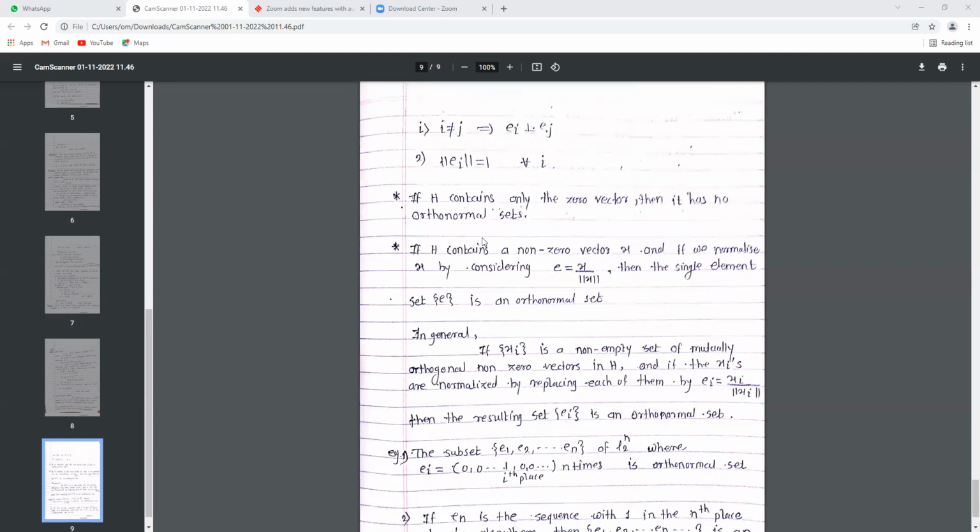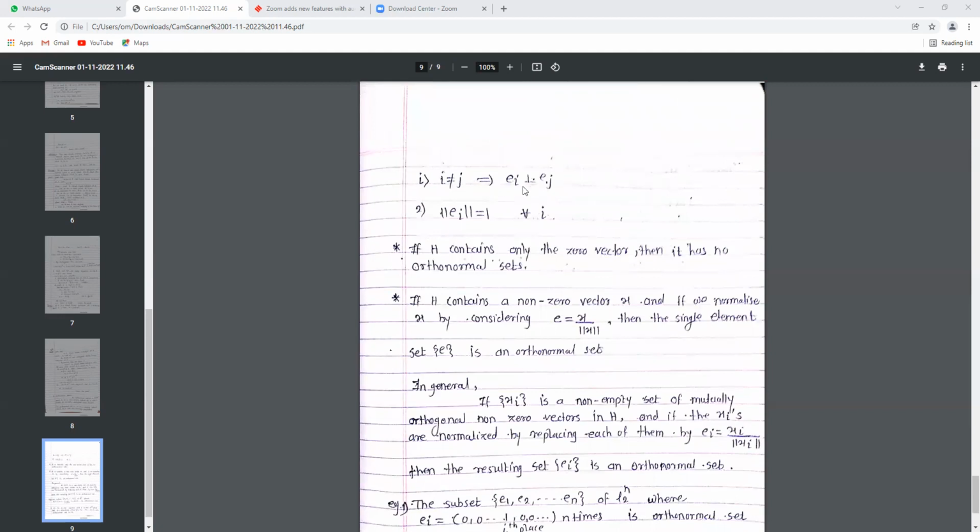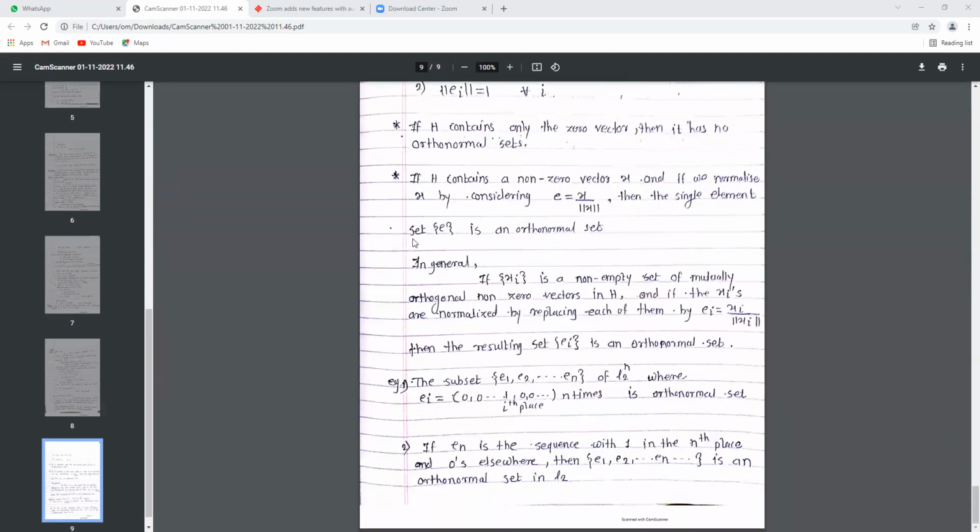There does not exist another vector perpendicular to the zero vector, and the second condition is also not satisfied, since the norm of 0 is again 0. So this is your property.